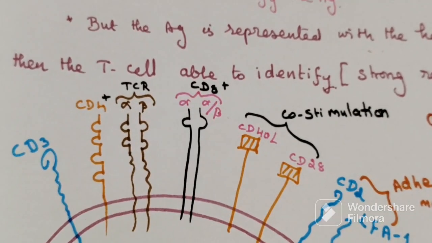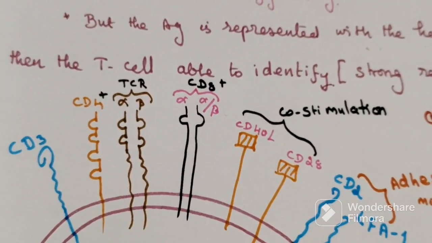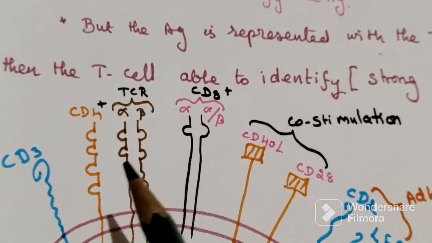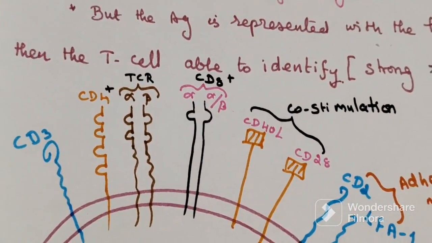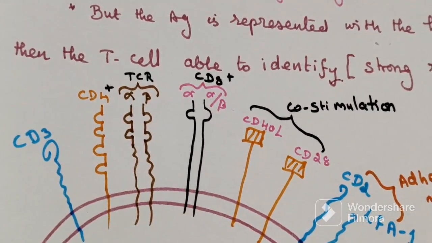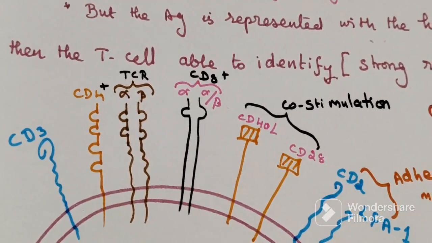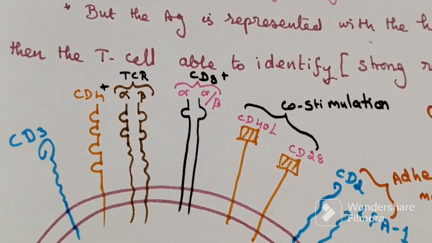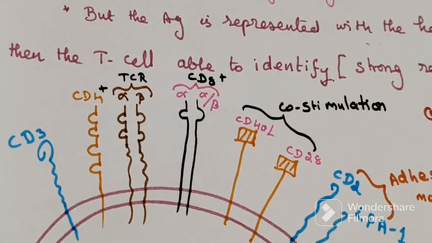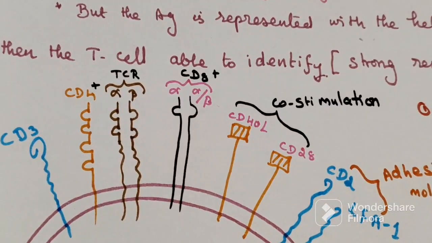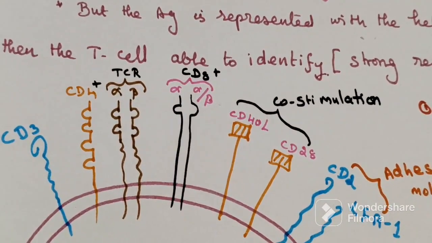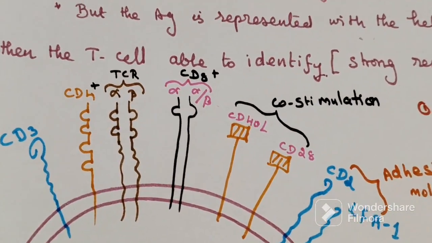Next, there is a generalized receptor, the TCR, the T cell receptor. It has two polypeptide chains together. The TCR is going to interact with the MHC molecule on the surface of the antigen presenting cell whenever there is an encounter of antigen.